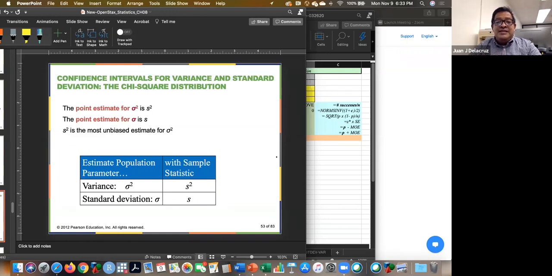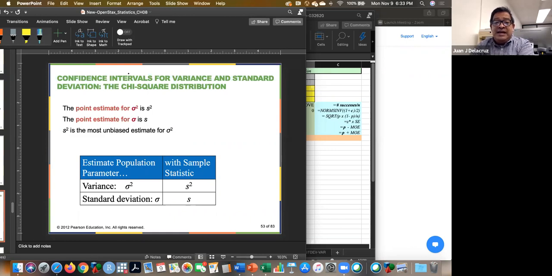To build confidence intervals for variance and standard deviations, we are going to use a new distribution. We are familiar with the normal distribution and the use of the z-score. We are also now familiar with the t-distribution, which is very similar to the normal distribution. Now we are going to be using what is called the chi-square distribution.